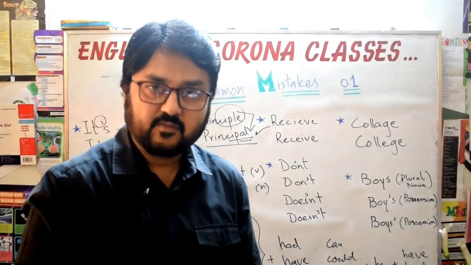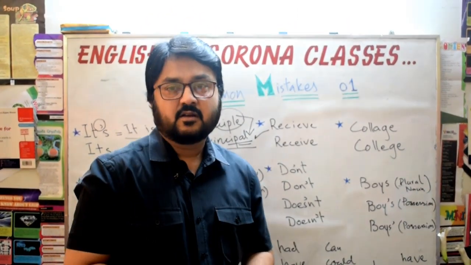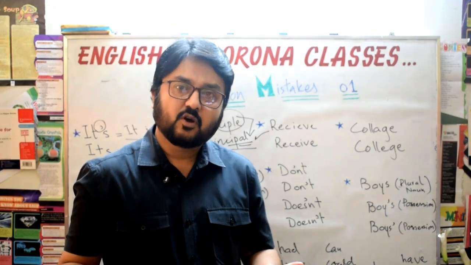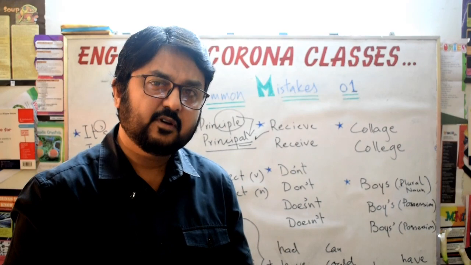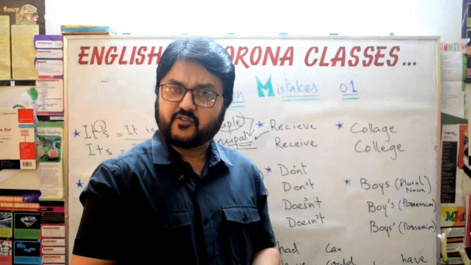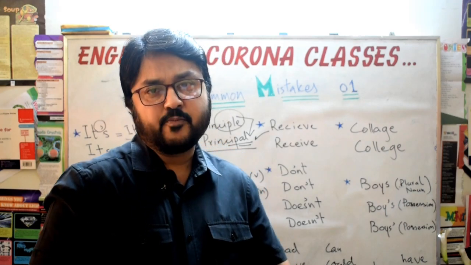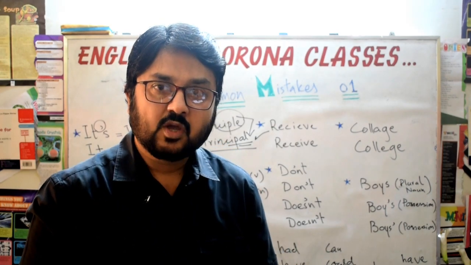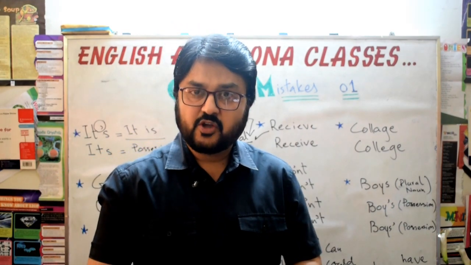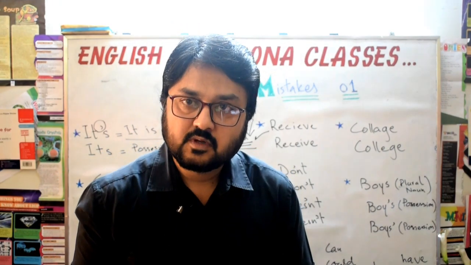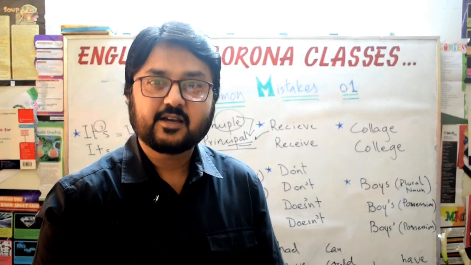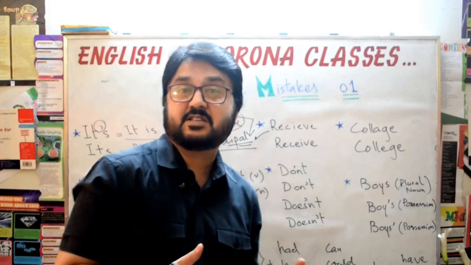And there is an effect of Corona on the economy of the world. So effect is a noun. There was no effect of his words on me. His words affected me. There was no effect, noun. His words affected, verb. Okay, come to the next mistake.